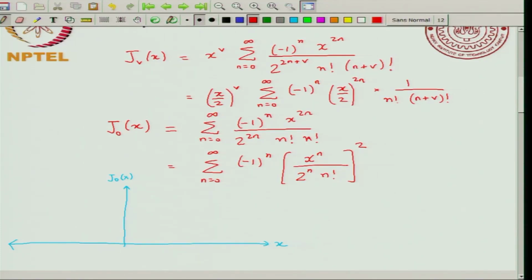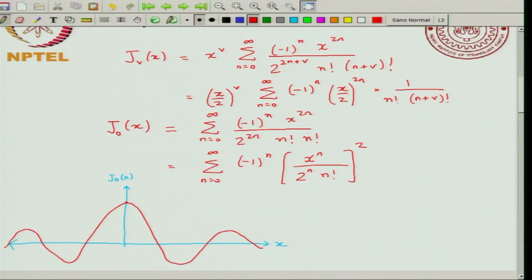So when x equal to 0, this goes to 1, and I'll just show what the behavior looks like as x changes. It looks something like this, and it is symmetric about the axis. It has oscillations like sines and cosines, so it keeps oscillating in this way.